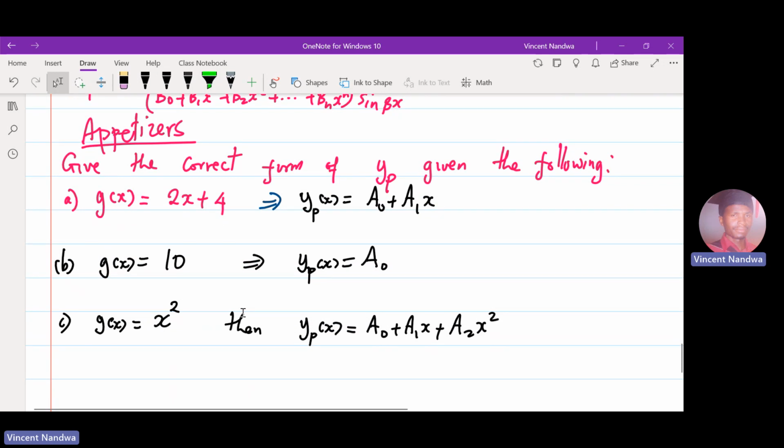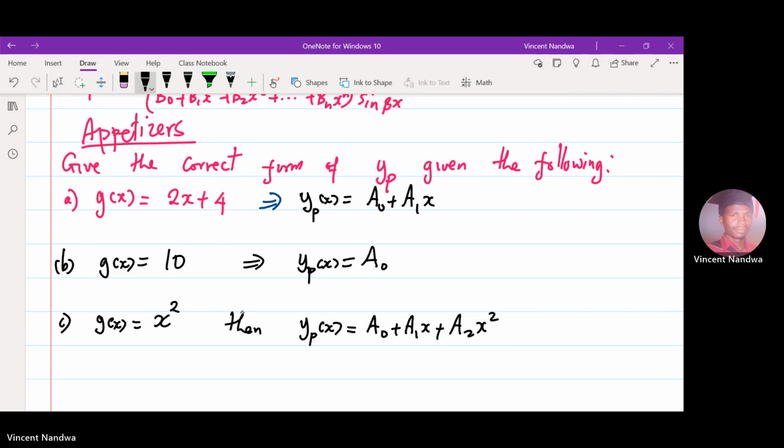So when you are writing the yp, you write the whole structure of a second degree polynomial. You don't just write a2x squared. You write the whole general structure of a degree 2 polynomial, and so you have to find a0, a1, and a2.